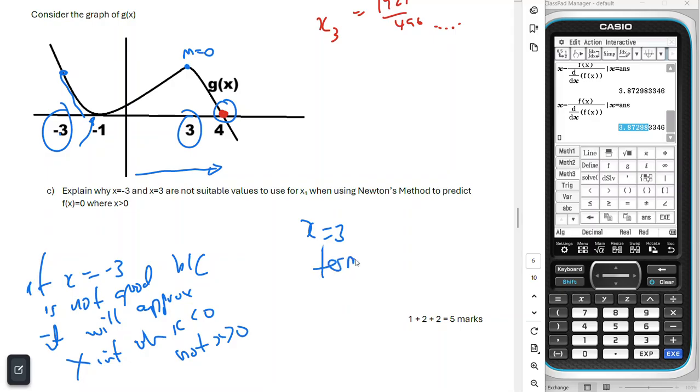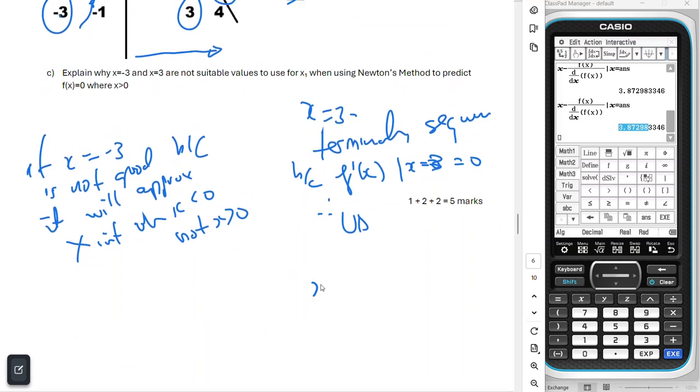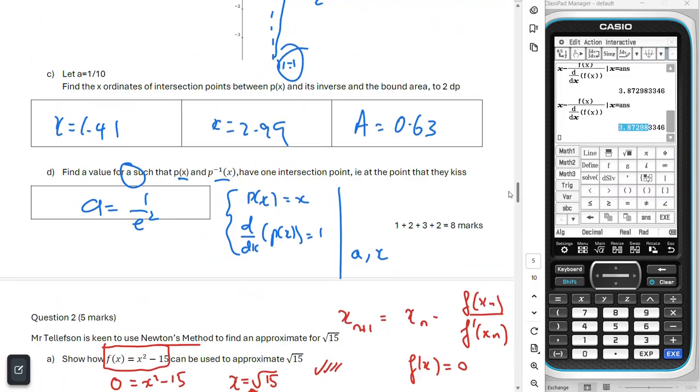Therefore, it's a terminating sequence, because f dash of x when x equals 3 equals 0, therefore undefined, because my tangent line will be horizontal, parallel to the x-axis, and I won't have the next value, because xn has to equal xn minus 1 minus f of xn minus 1 over the derivative down the bottom here, and that will be 0. Therefore, I've got an undefined problem. So that's question number 2.